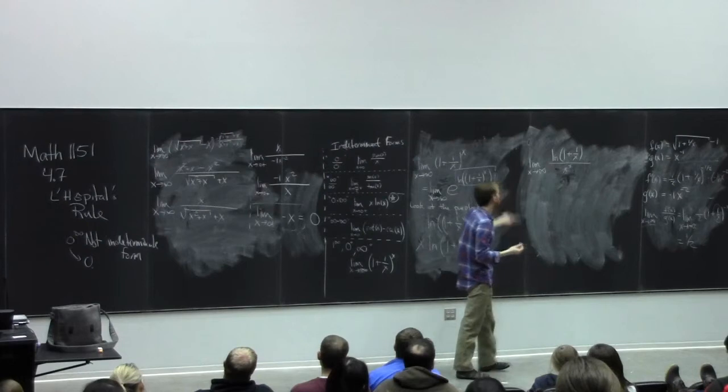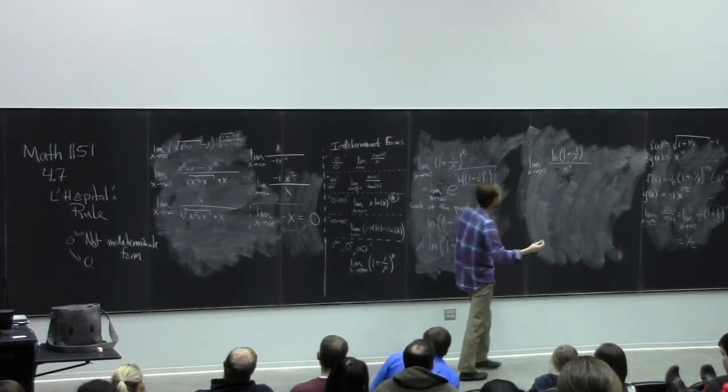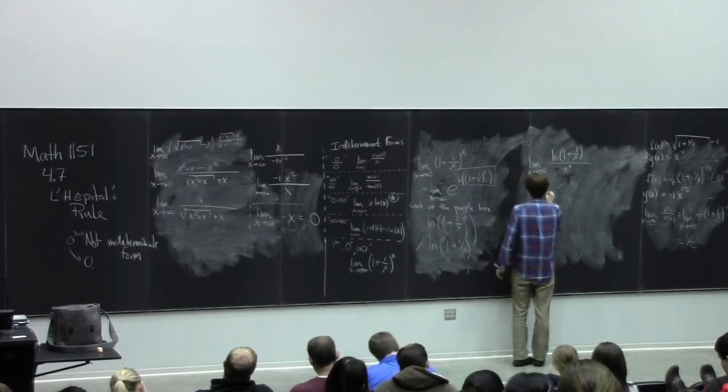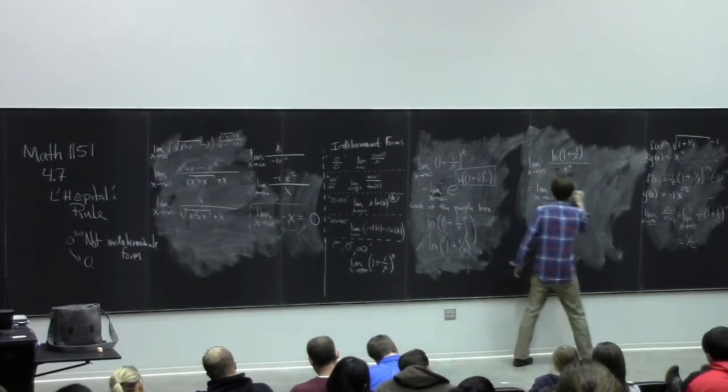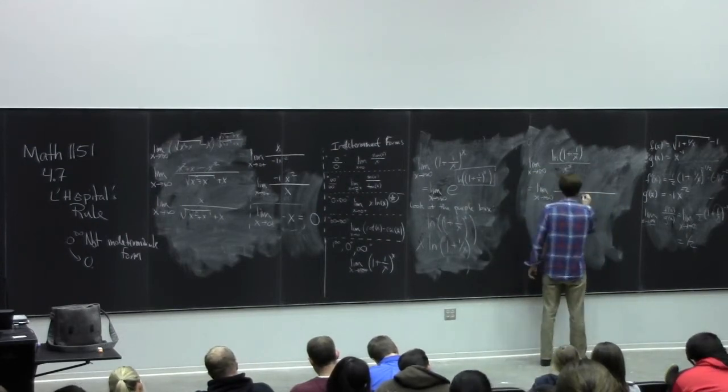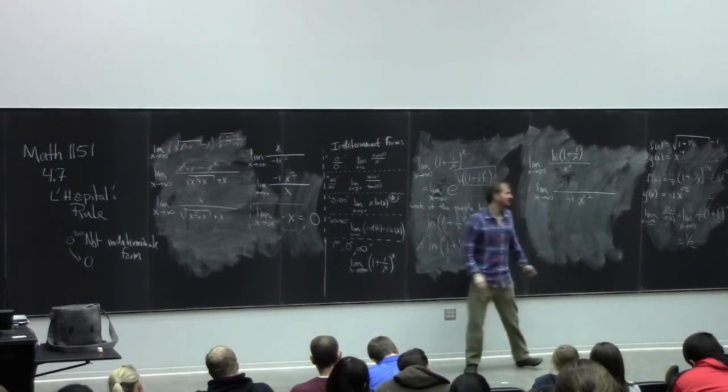Use L'Hopital's rule: take the derivative of the numerator and the denominator. This is equal to the limit as x goes to infinity of, well, the derivative of the denominator is minus 1 times x to the minus 2.